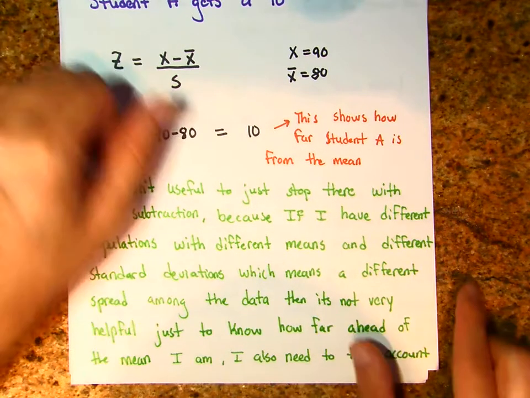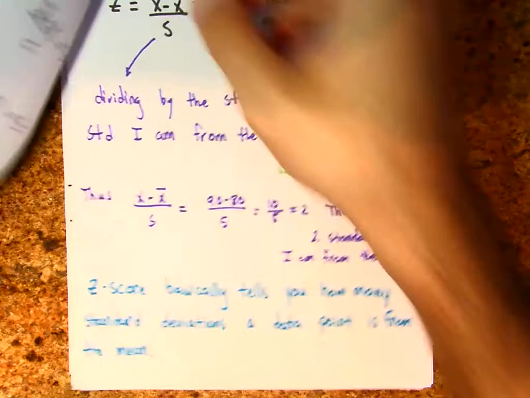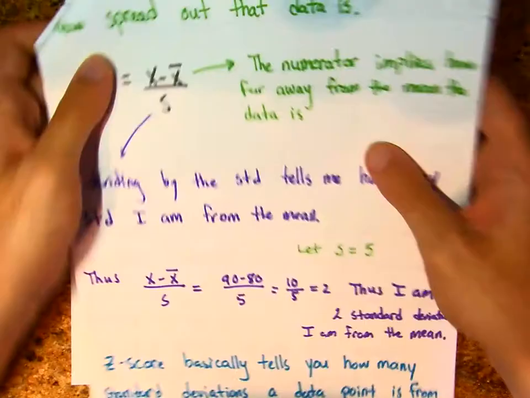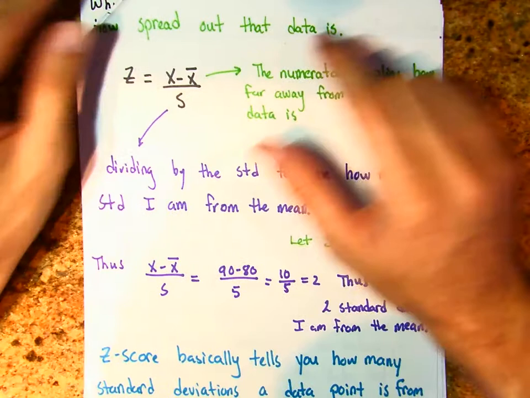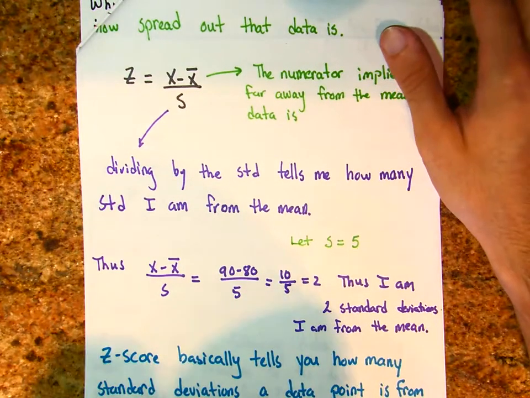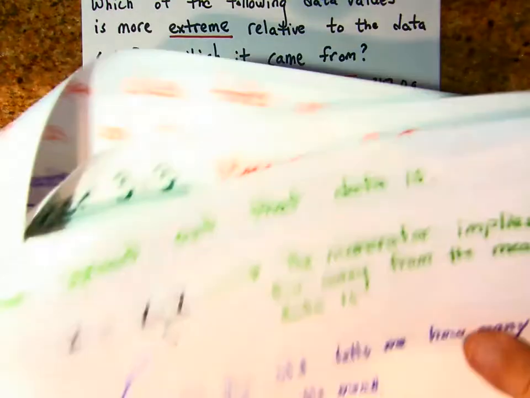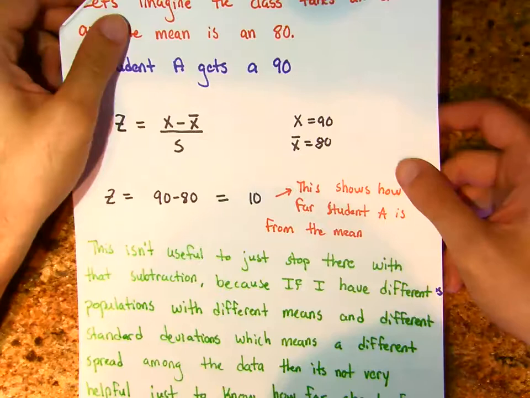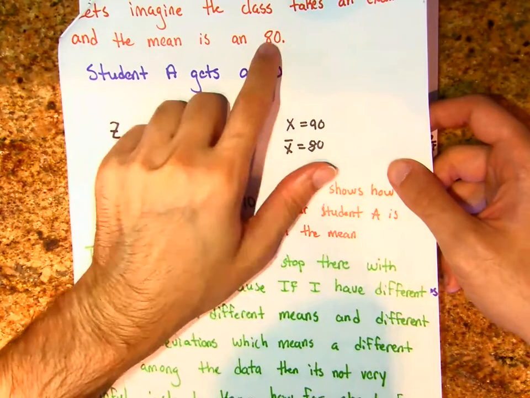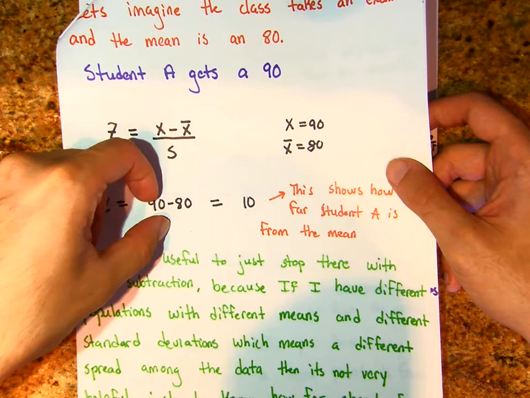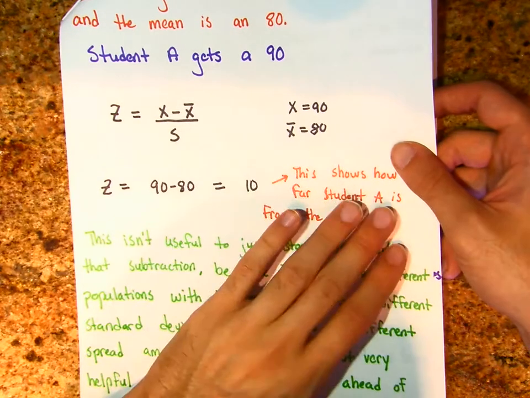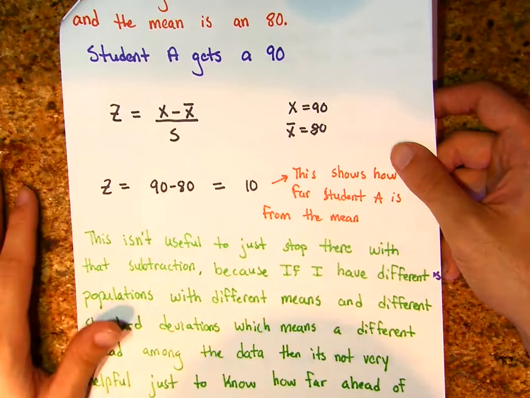I also need to take into account how spread the data is. In the previous example, if you're student A, you get a 90 and the mean is an 80, you're 10 points above the mean, but it doesn't take into context how well the whole class did.